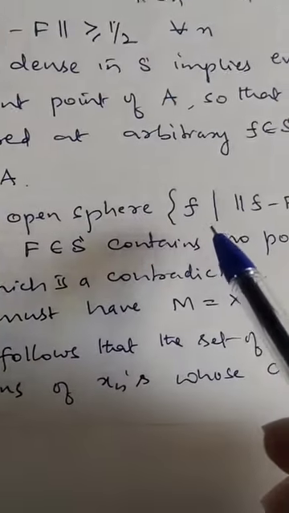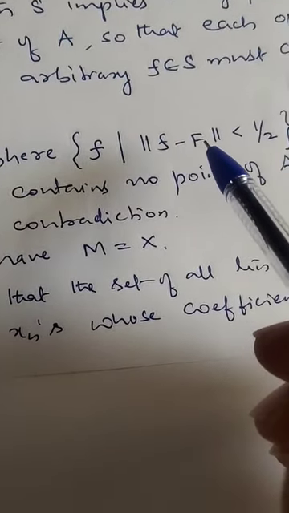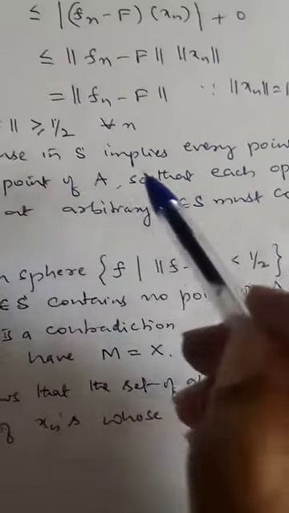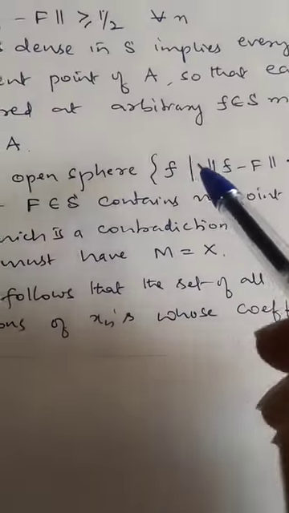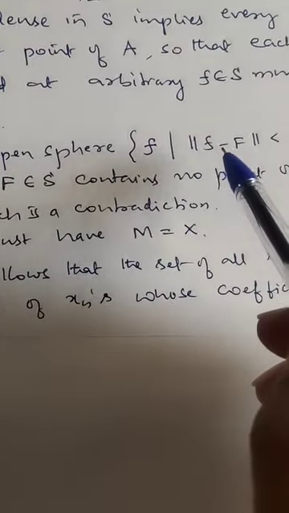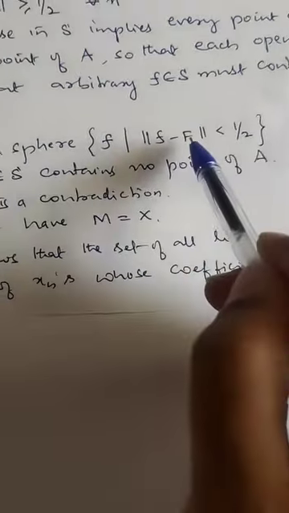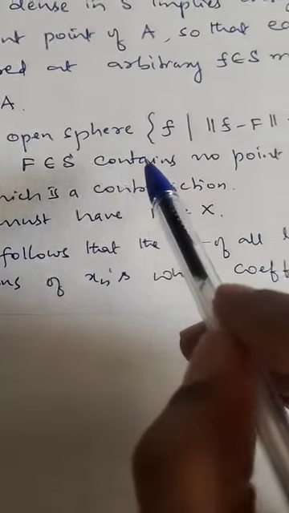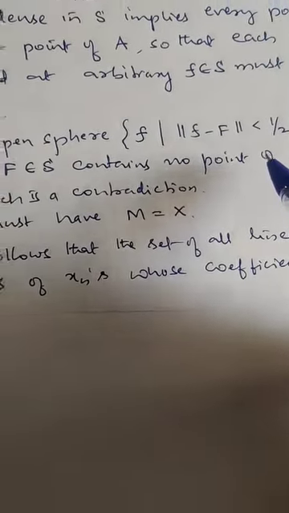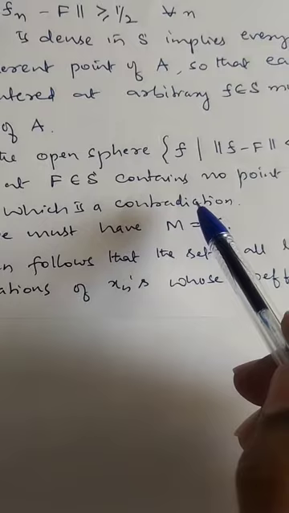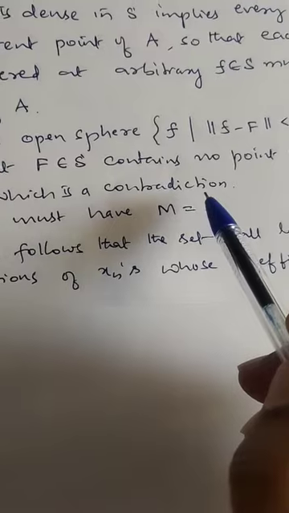But the open sphere, the set of all f such that norm of f minus F is less than 1 by 2, because always norm of Fn minus f is greater than or equal to 1 by 2, centered at big F belonging to S, contains no point of A. This is a contradiction, because we have assumed that A is dense in X. Why does this contradiction arise?